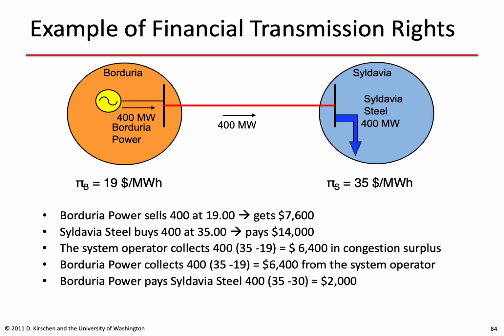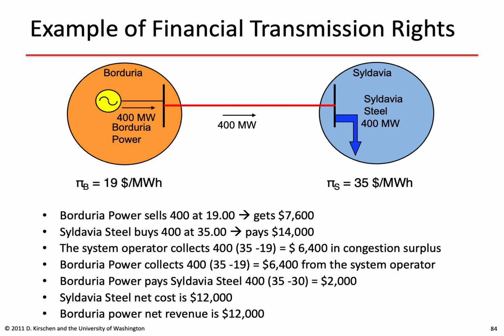Borduria Power is going to pay Syldavia Steel 400 times 35 minus 30, or $2,000, to settle the contract for difference that they have agreed on. So Syldavia Steel's net cost will be $12,000, which is $14,000 that it pays in the centralized market, minus the $2,000 it got from Borduria Power.